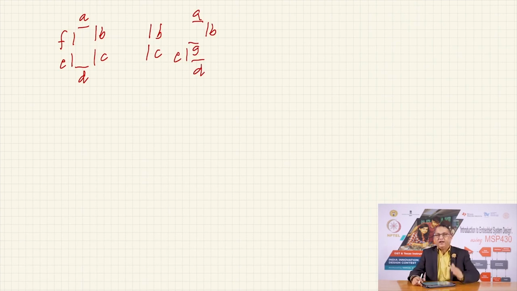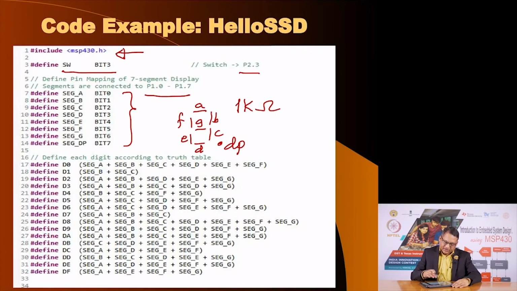So, you have to create a map that for a given digit to display, which of the segments need to be turned on, and that we have listed in this sort of a hash define. When we want to display 0, this D0 means which of the segments should be on. So, we are saying segment A, B, C, D, E and F, nothing else.